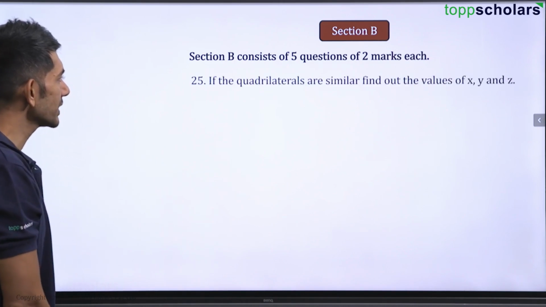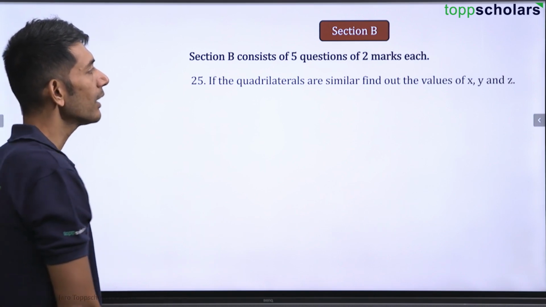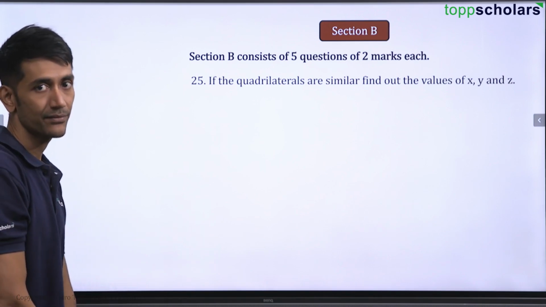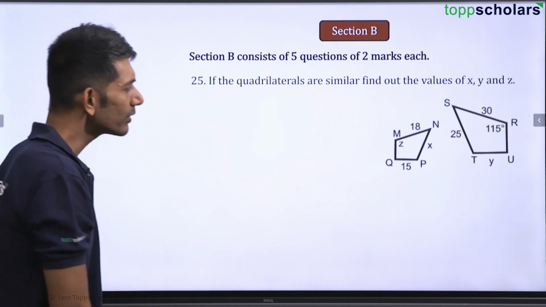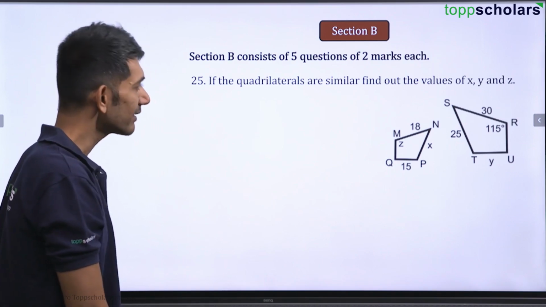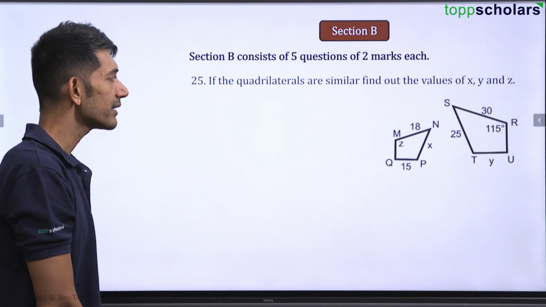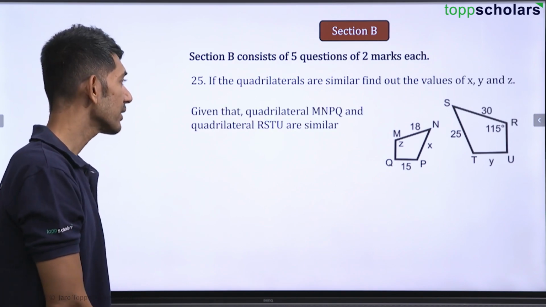Okay. Let's have a look at a new question now. It says, if the quadrilaterals are similar, find out the values of x, y and z. Now, what do we know about the similarity of quadrilaterals? We know that if the quadrilaterals are similar, then definitely their corresponding sides are in proportion and their corresponding angles are equal.